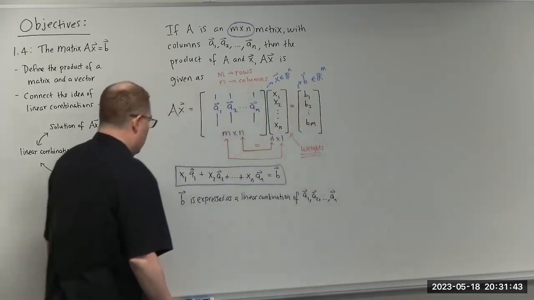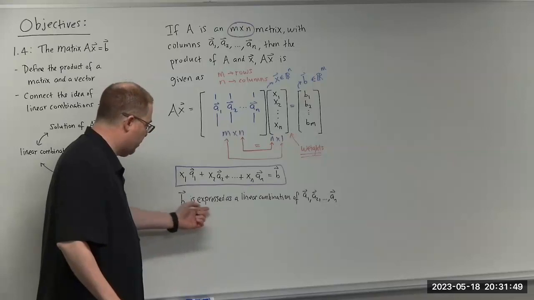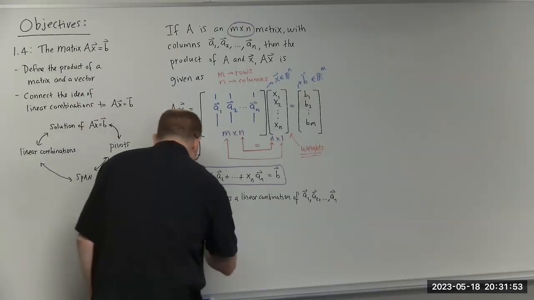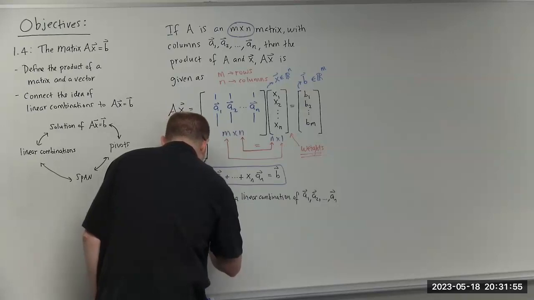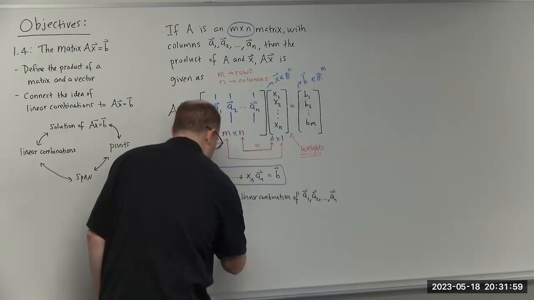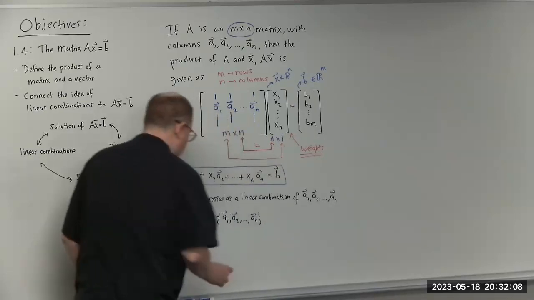Another way to state that is in terms of the idea of the span. The vector b belongs to the span of these vectors a1, a2, ..., a_n.